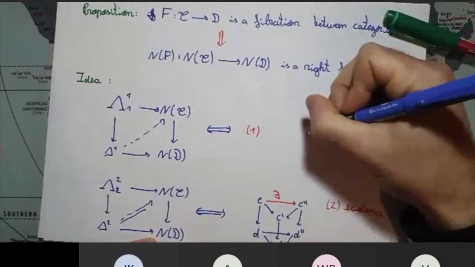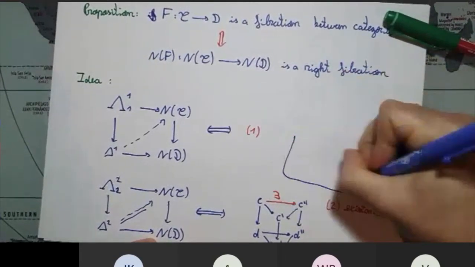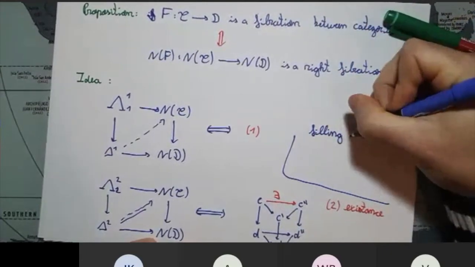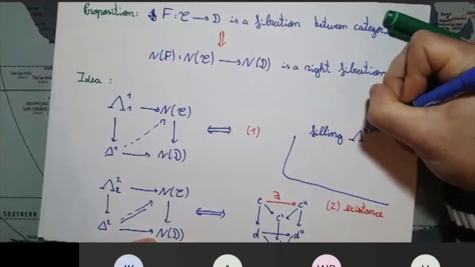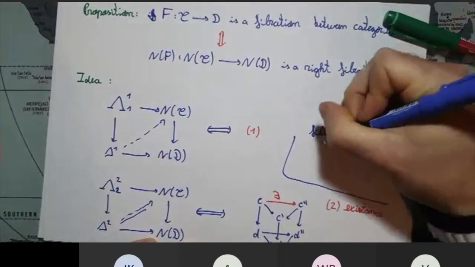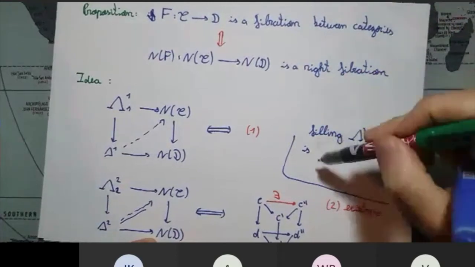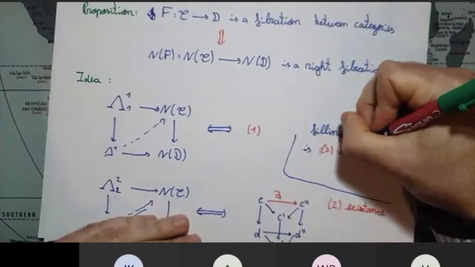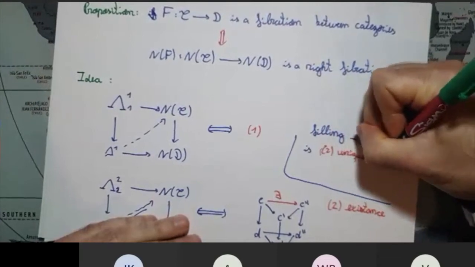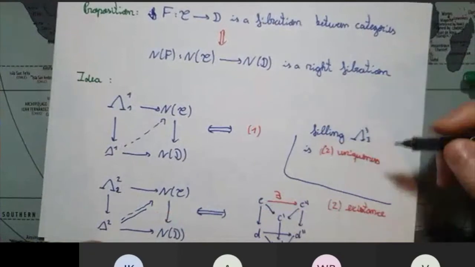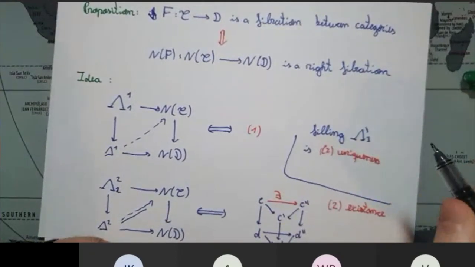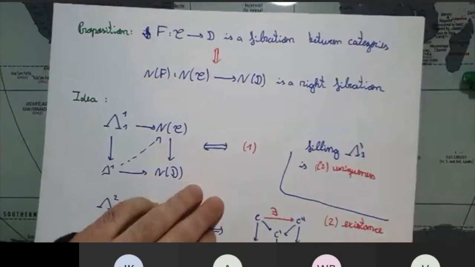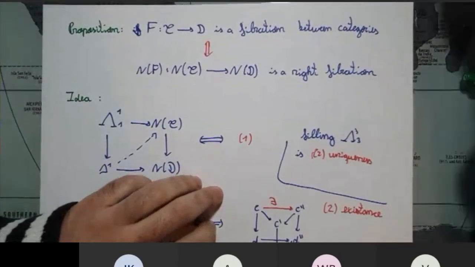Well, filling this horn is uniqueness. Well, and the rest is automatic. So I think I've been very quick because that's all.